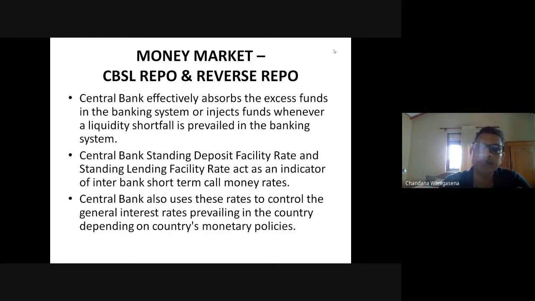Similarly, when there is excess cash in the system, the central bank has the ability to take that money from the system and keep it in the central bank.